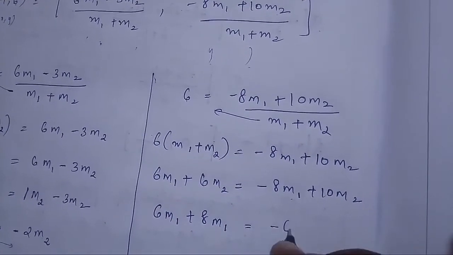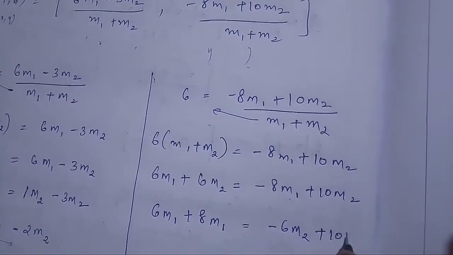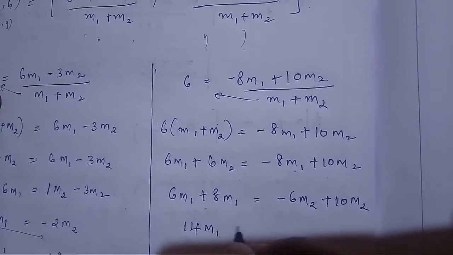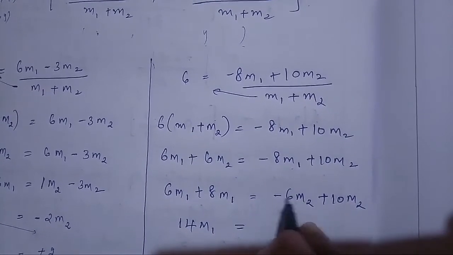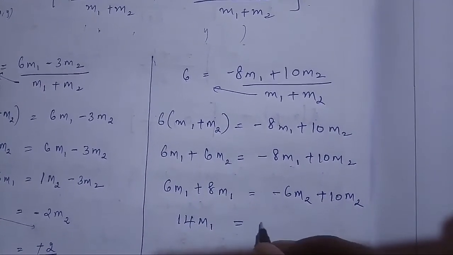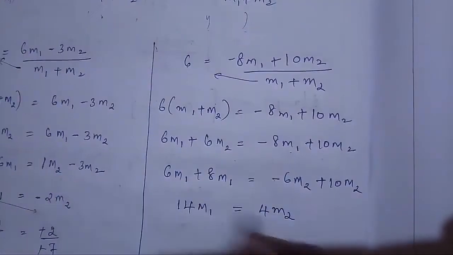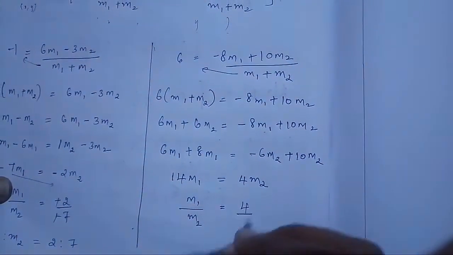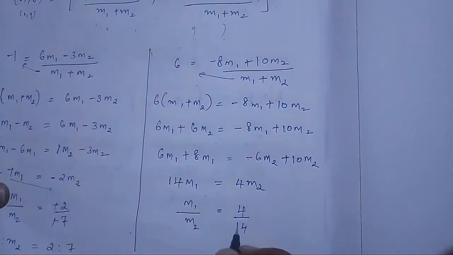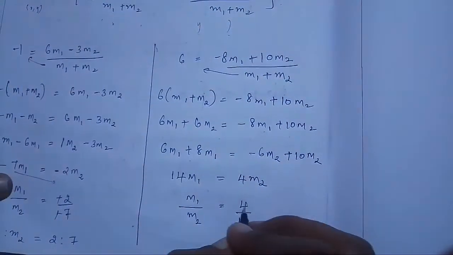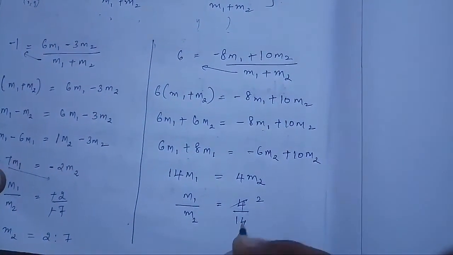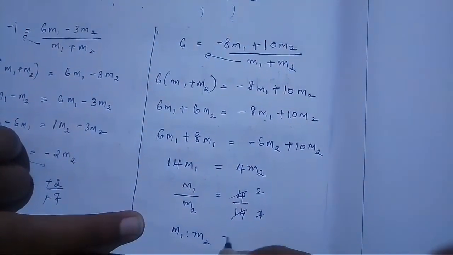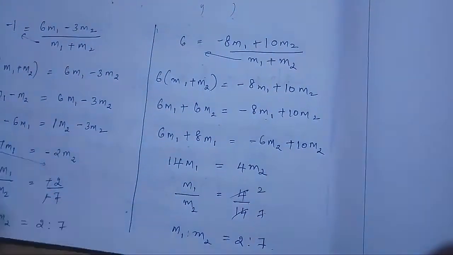This becomes -6 m2 plus 10 m2. How much is this? 14 m1. And this becomes -6 plus 10, which means plus 4 m2. m1 divided by m2 is 4 divided by 14. We can simplify this number. In the table of 2, it goes 2 times, this goes 7 times. That is m1 is to m2 is equal to 2 is to 7.